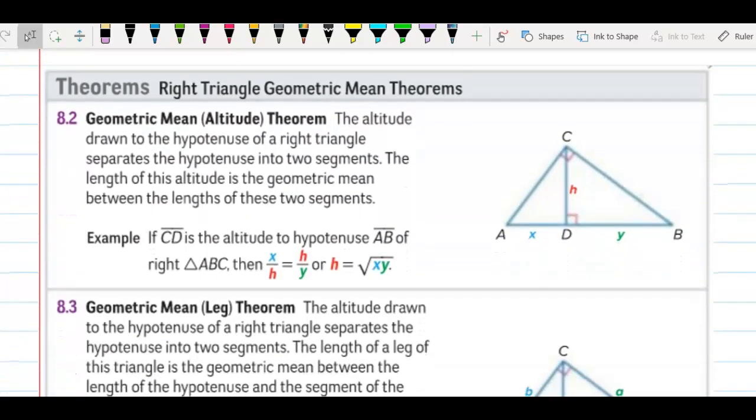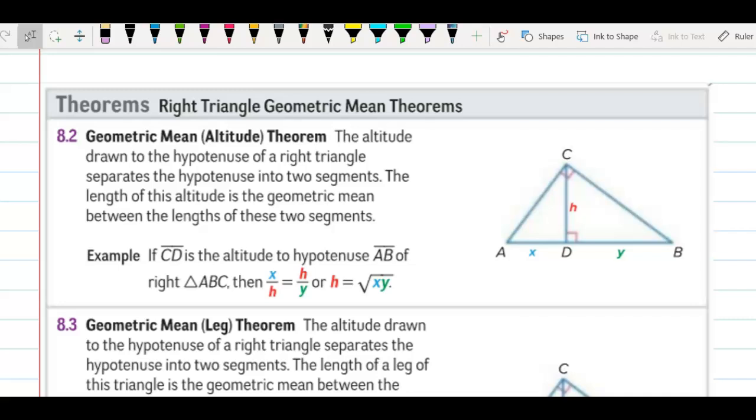Okay, so this looks like a lot, but we're going to do an example and hopefully it'll make more sense. But if we want the geometric mean of the height of the triangle, so this one we're trying to find H, we would take the geometric mean of both pieces of the base, okay?